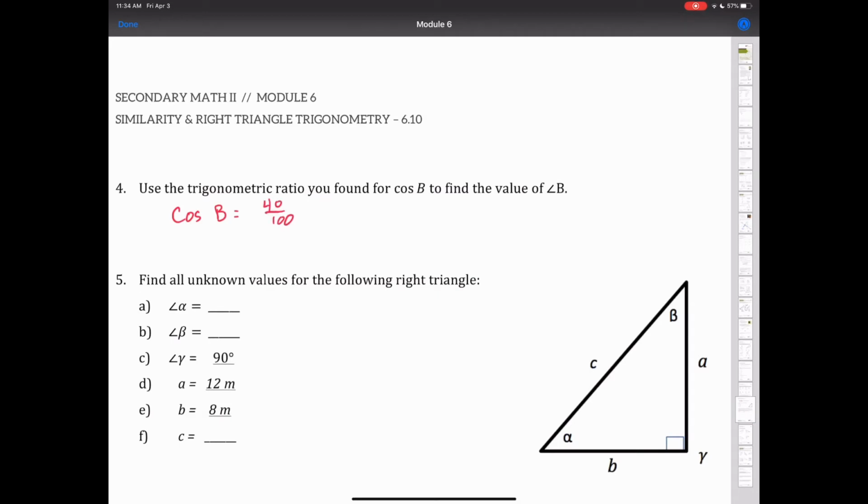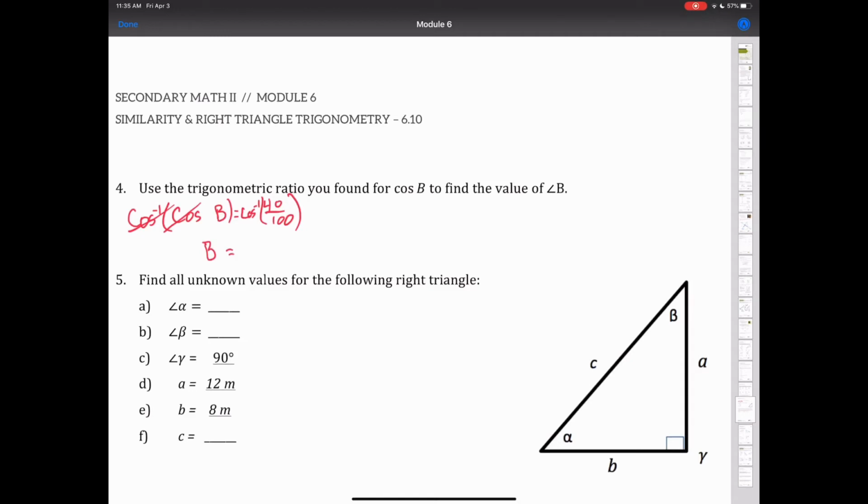And I like to use inverse functions kind of like we would when we square root things to undo squaring, or when we divide by something to cancel it off. I'm going to go cosine inverse of this side and cosine inverse of this side. And guess what? Cosine and cosine inverse undo each other. So we're left with B on the left side.